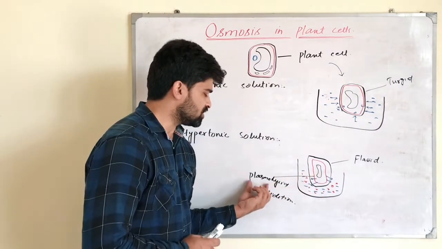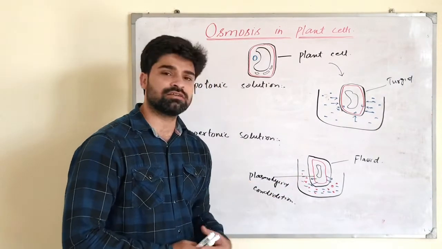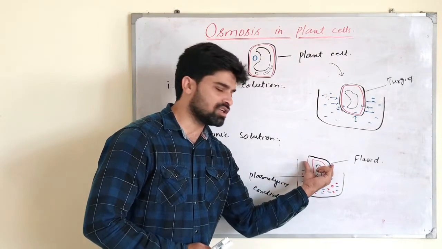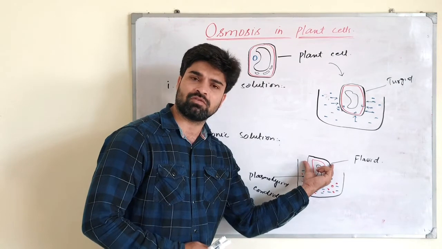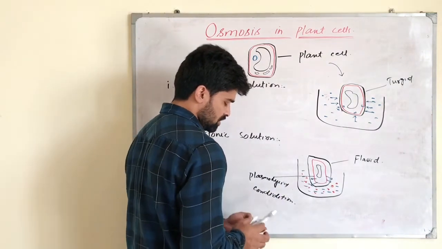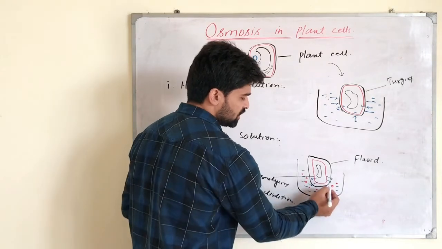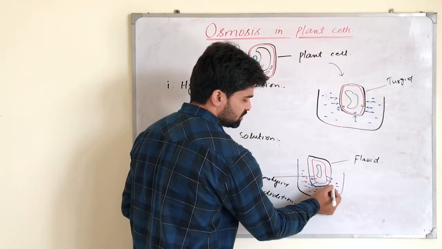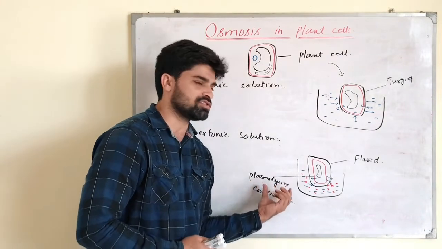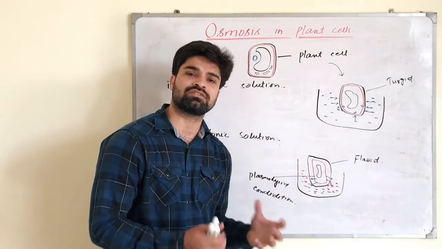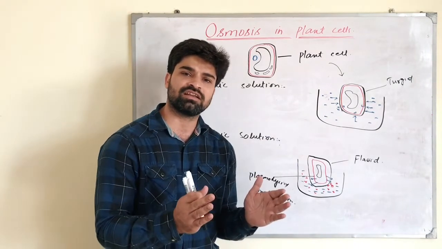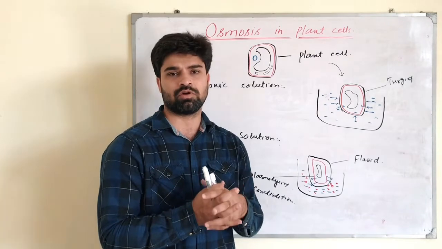In the plasmolyzed condition, the cell membrane separates from the cell wall, and that is covered with the solution that is present inside that beaker. That is a plasmolyzed situation. In this situation, the cell surface membrane, which is called the cell membrane, is separated from the cell wall.